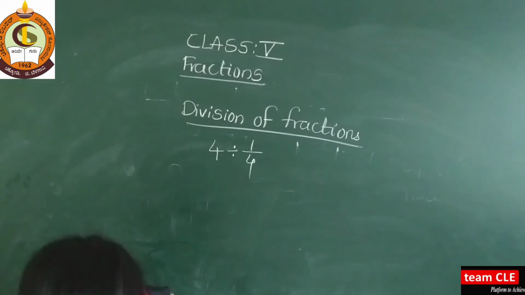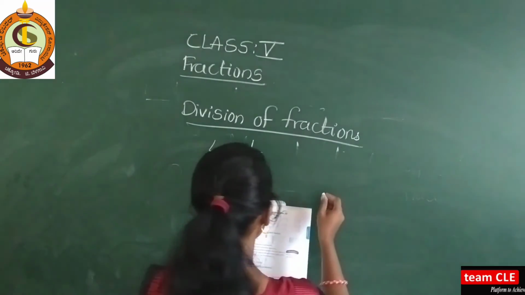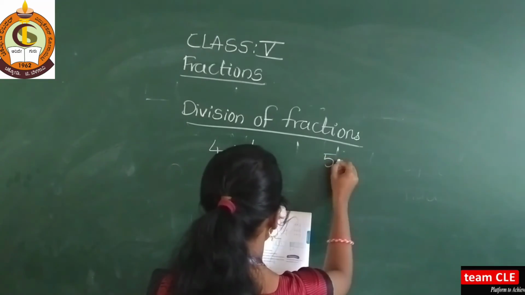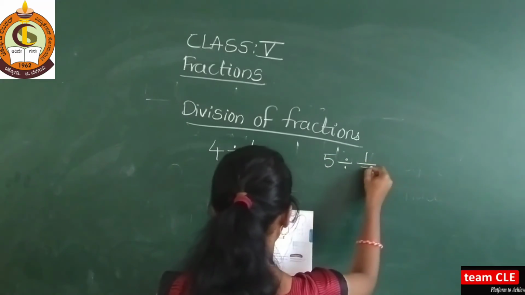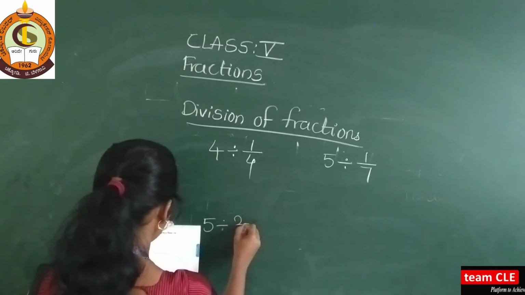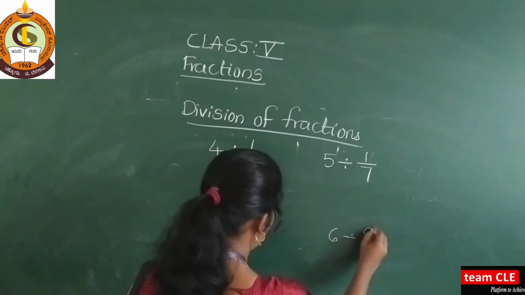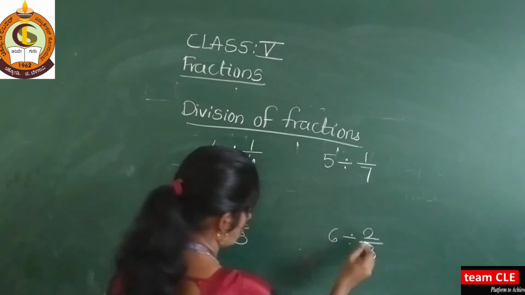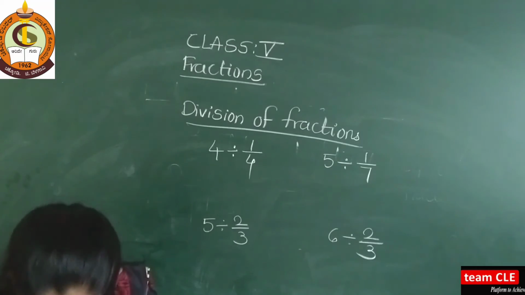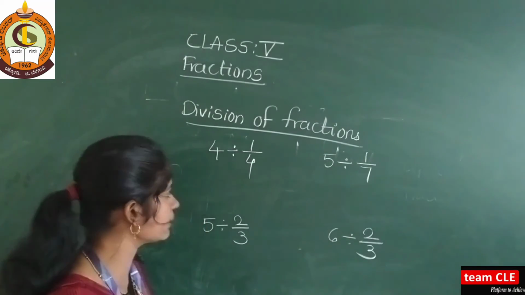These examples I am solving from My Practice Time 10. Again, 5 divided by 1 by 7. Again 5 divided by 2 by 3, and one more, 6 divided by 2 by 3. I hope you are getting all these examples. Then how to solve them?